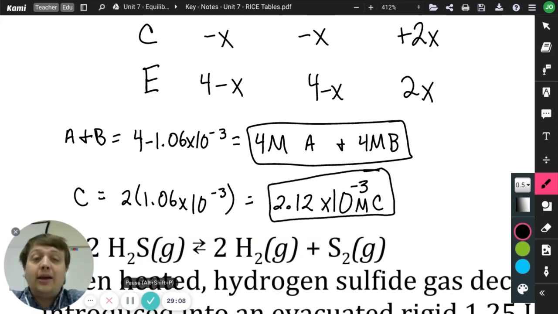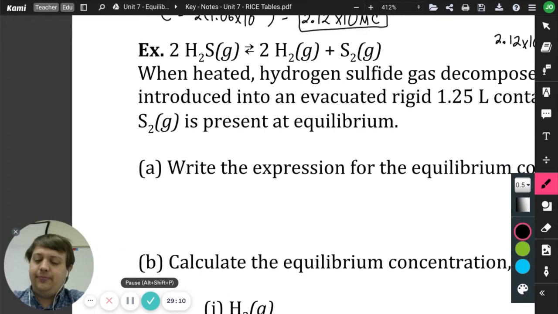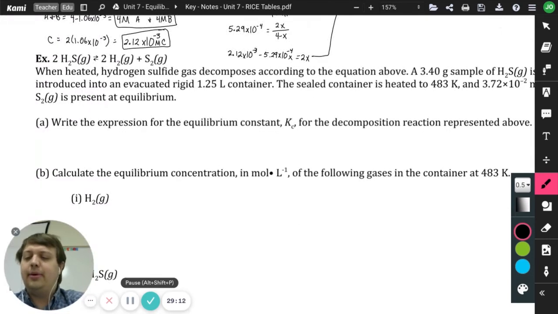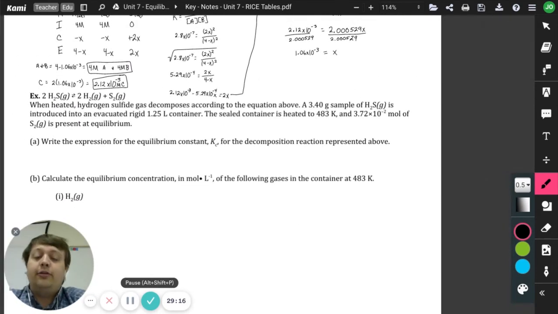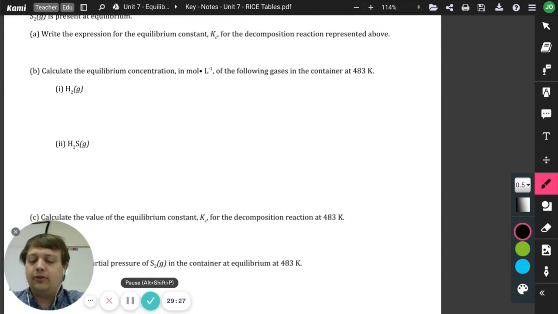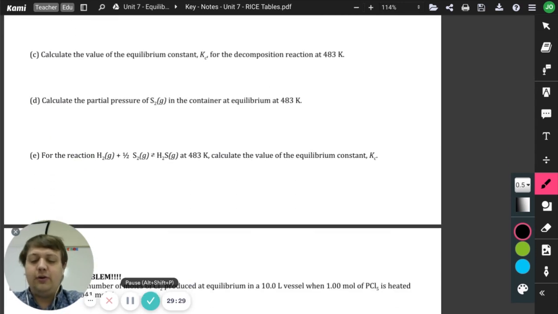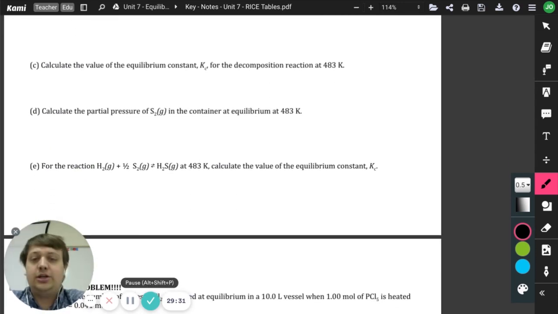Now, this next problem that y'all have here is set up in how you could see this on the AP exam. This is actually an FRQ from the past. So what I want y'all to do is give a shot at completing A through E on this problem and see if you can solve for that equilibrium expression, or solve each of these things that it's asking for in this equilibrium problem.